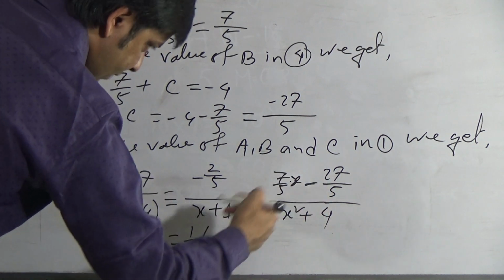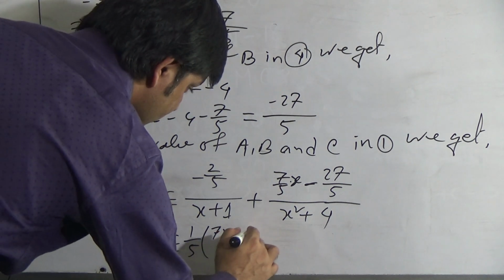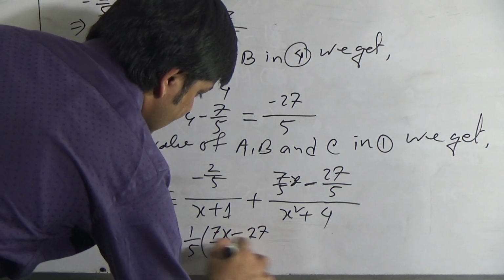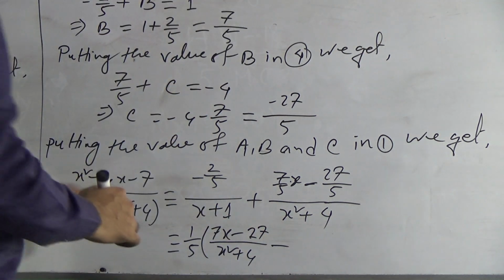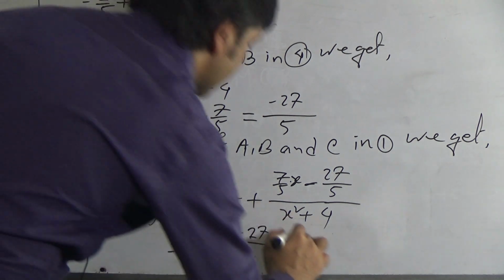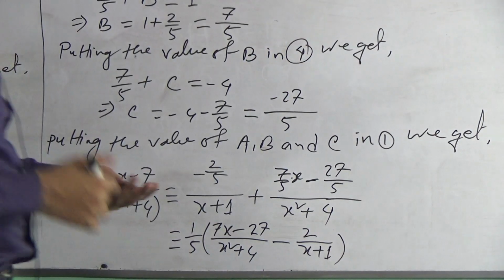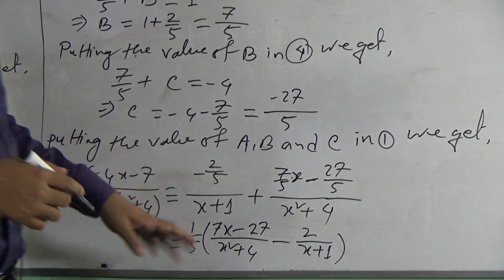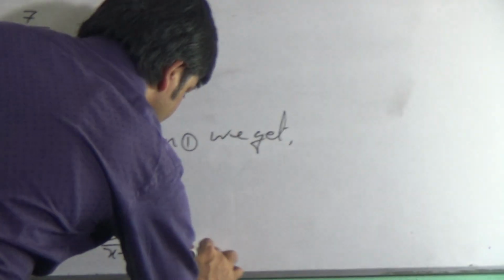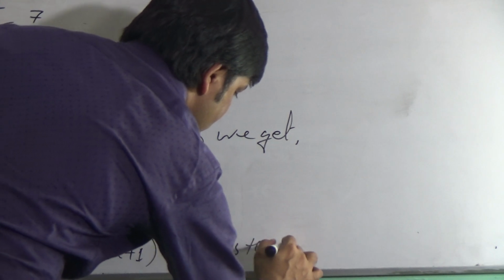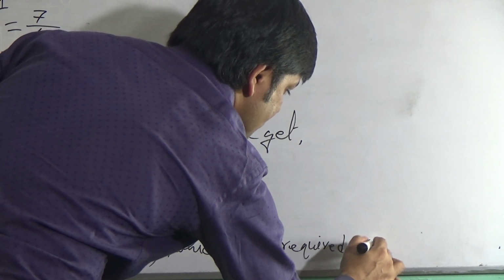If we take minus 1 by 5 as common, here will be 7x minus 27 in the numerator, divided by x square plus 4. As this is negative, I am writing the other one later, so here will be 2 by x plus 1. So this is our required partial fraction.